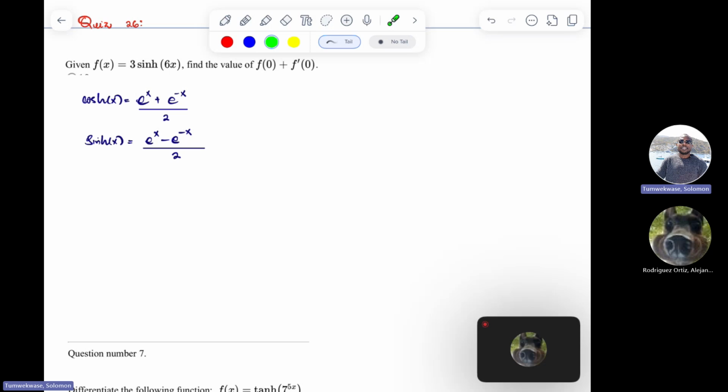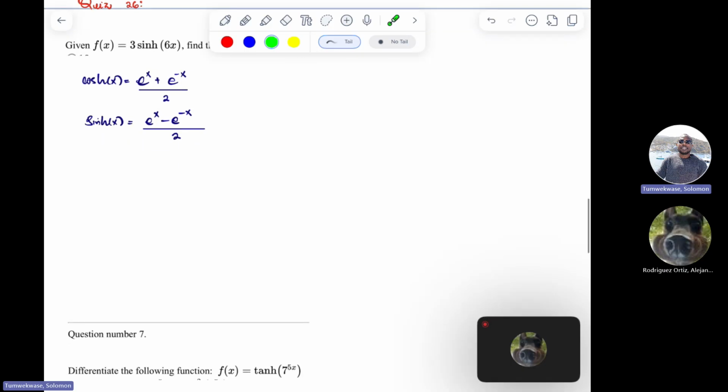When you check your notes, sine hyperbolic is an odd function with a domain negative infinity to infinity, so the whole real number line. And cosine hyperbolic is an even function with the same domain.